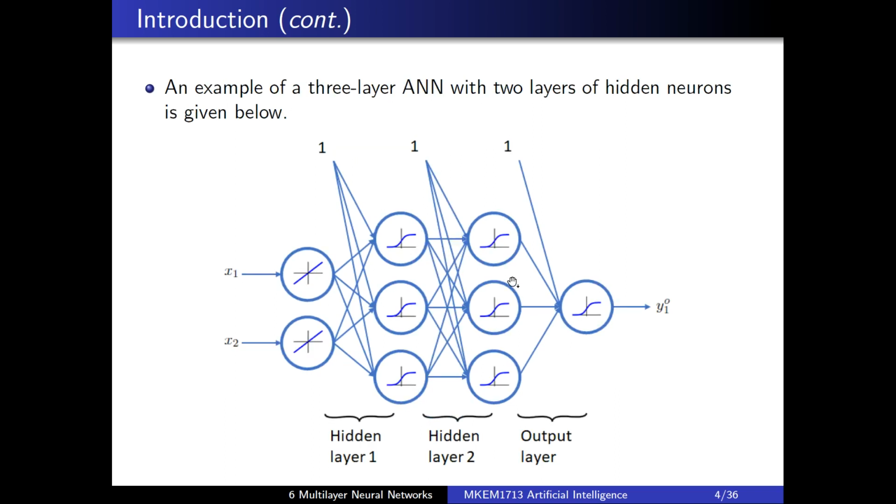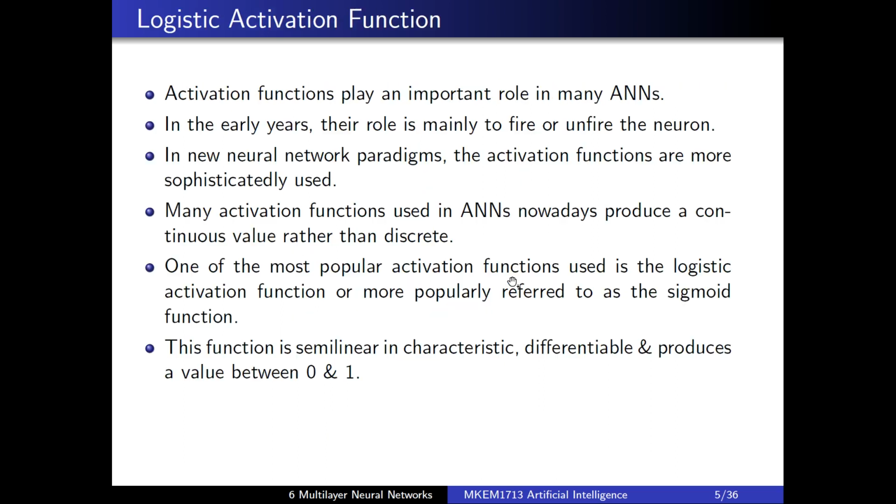So let's look at the logistic activation function. Activation functions play an important role in many artificial neural networks. In the early years, their role was mainly to fire or unfire the neuron. In new neural network paradigms, the activation functions are more sophisticatedly used. Many activation functions used nowadays produce a continuous rather than discrete value.